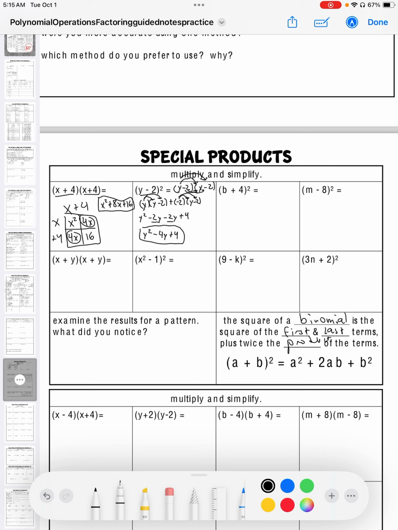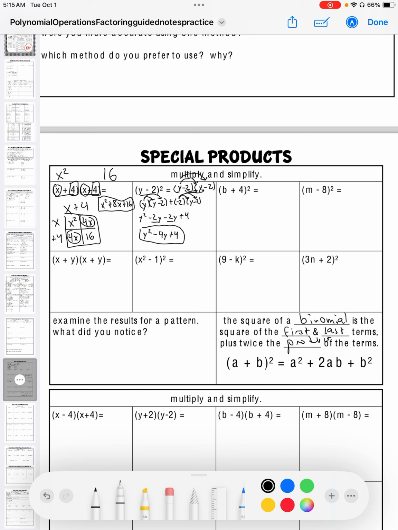So what that means when we're multiplying things like this, multiplying it times themselves, if you square the first terms, like x times x, that's going to give you x squared. If you square the last terms, 4 times 4, that would give you 16.